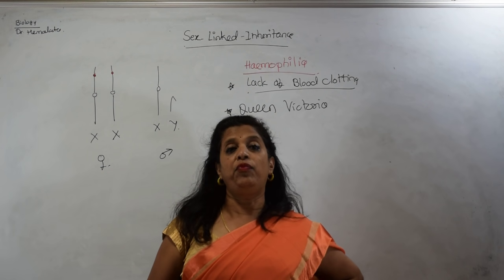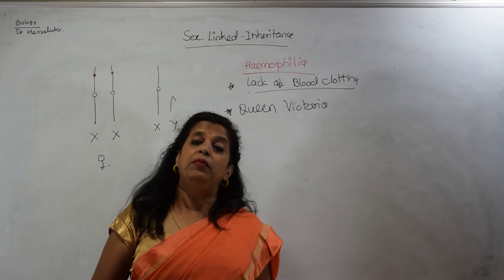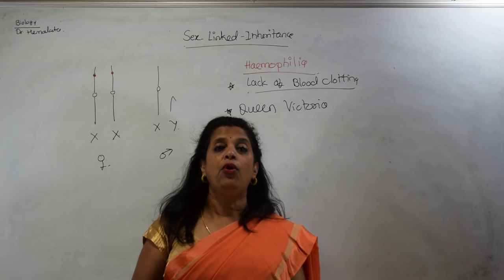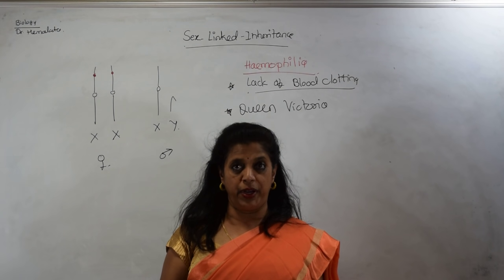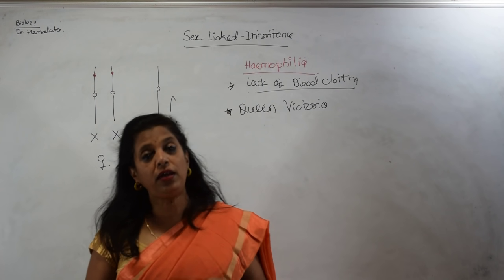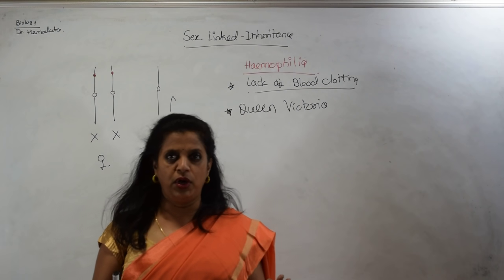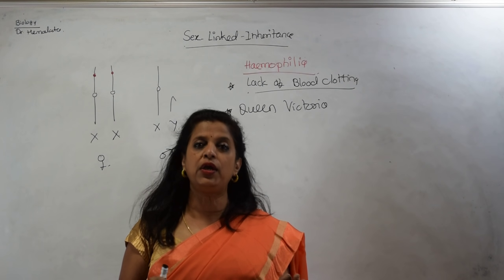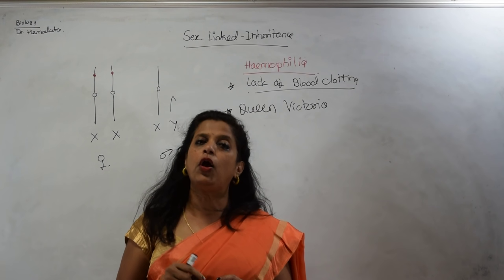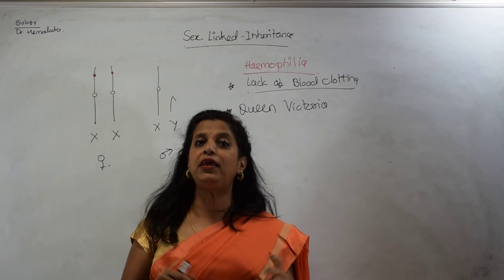That is the time when scientists and all medical people started studying why this would have happened. Then they came to know that those boys, the sons of Queen Victoria, lacked the blood clotting factor. Then they traced it.